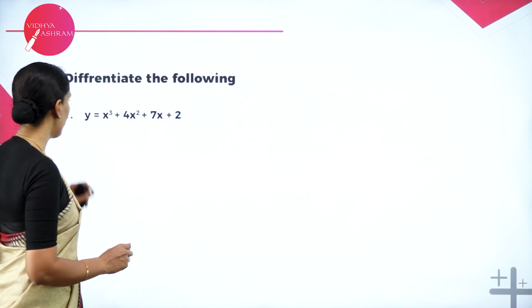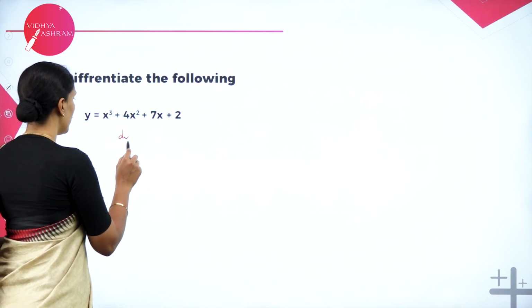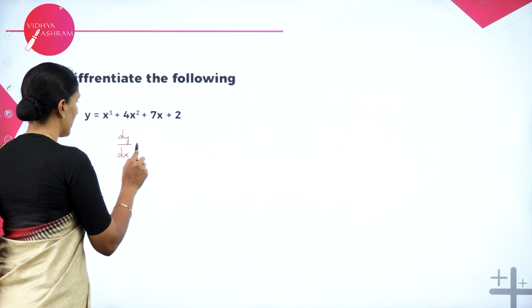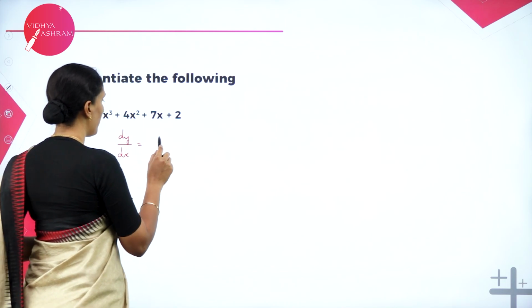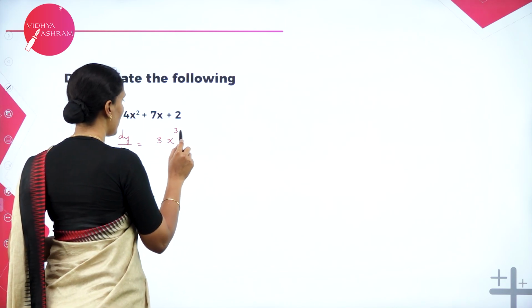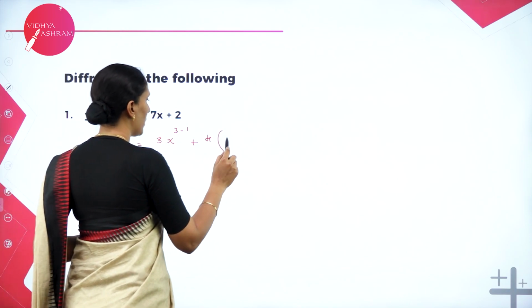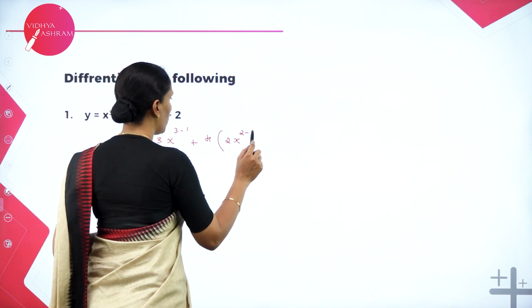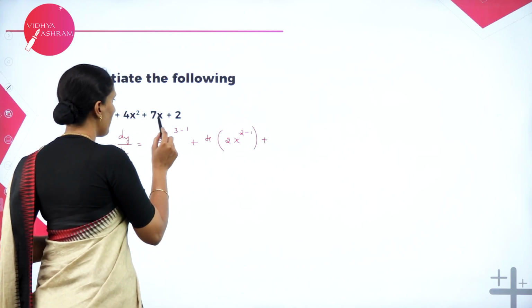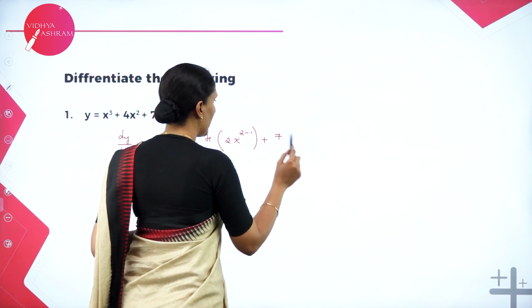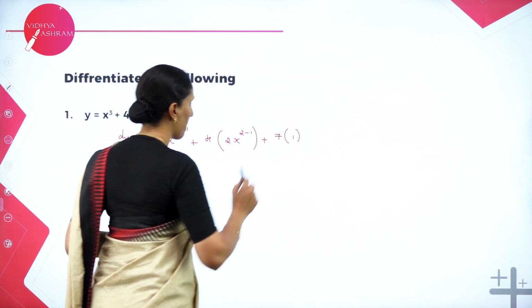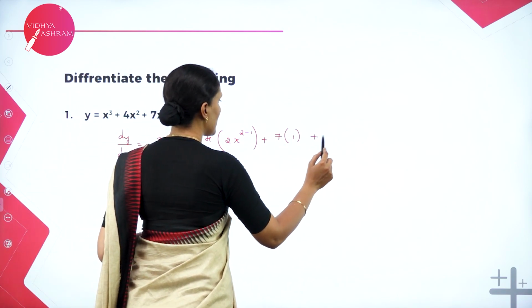So since they have given y here, I'll write dy by dx. So x cube can be written as 3 into x to the power 3 minus 1 plus 4 is a constant. X square can be written as 2 into x to the power 2 minus 1 plus 7 is a constant and derivative of x is 1 and derivative of constant is 0.